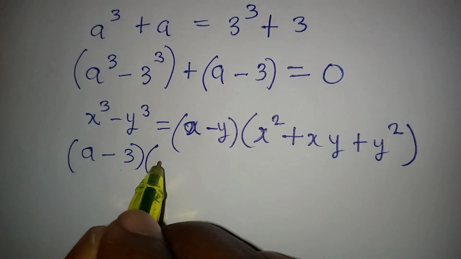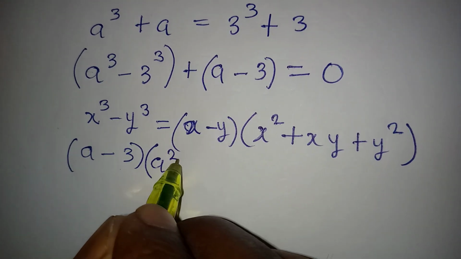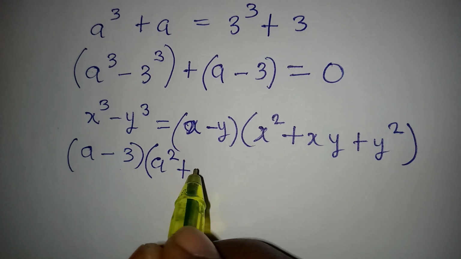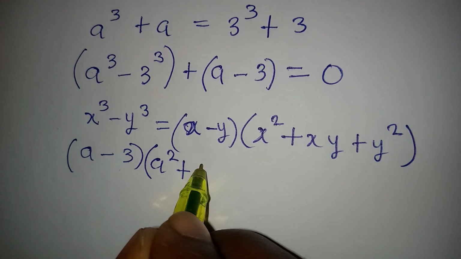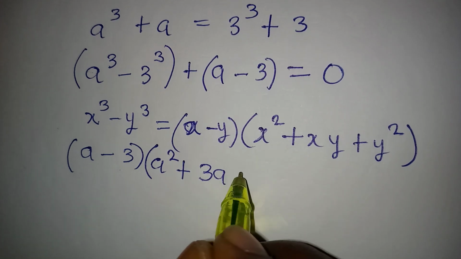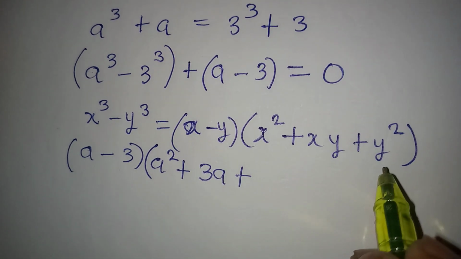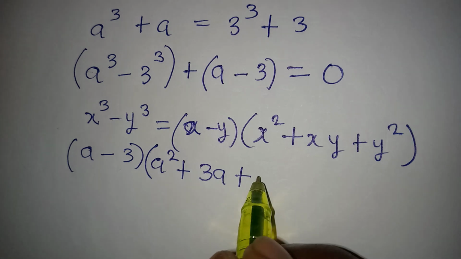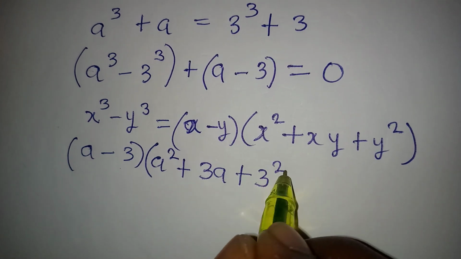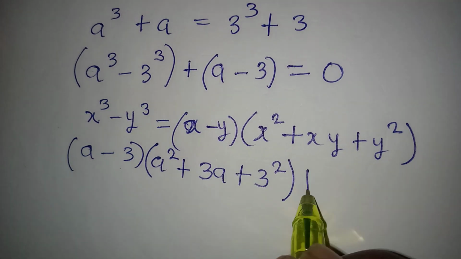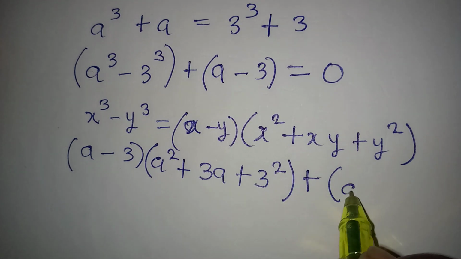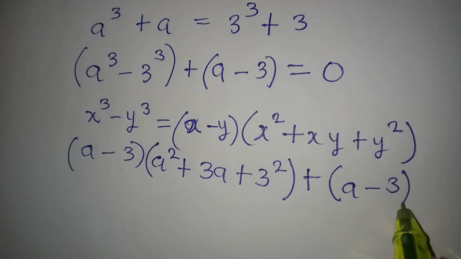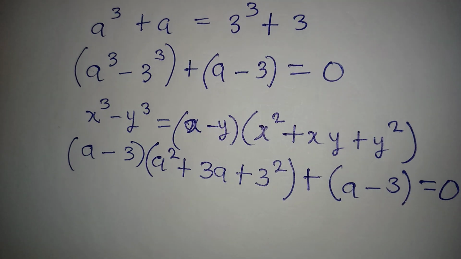Then x squared is a squared plus xy is 3a. Then plus y squared will now be 3 squared, right? So I'll write 3 squared here. Close this. Plus open bracket, we have a minus 3, and everything is equal to 0.